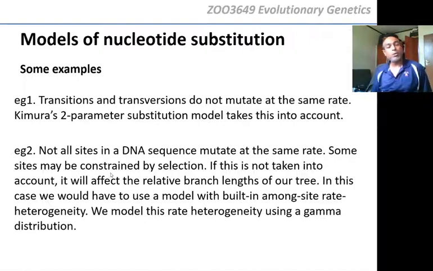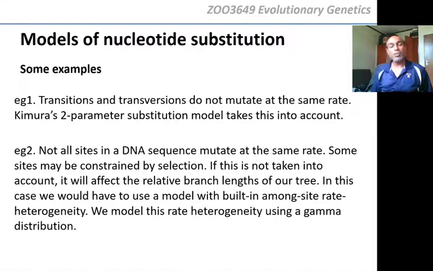Okay, what about the fact that not all the sites in a sequence, in a piece of DNA, mutate at the same rate? Some sites may be constrained by selection. In other words, they evolve at a very slow rate. Some sites may not have selection. They may just be neutrally evolving, in which case they can evolve at a very fast rate.